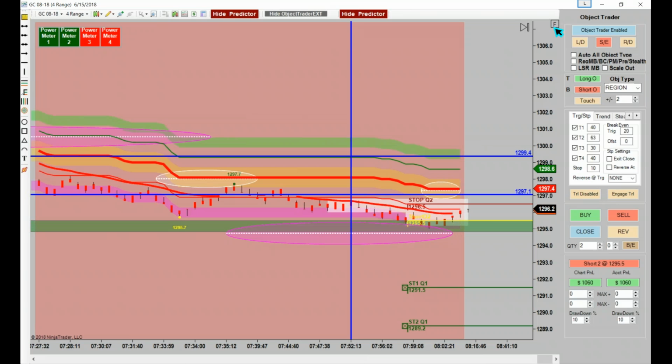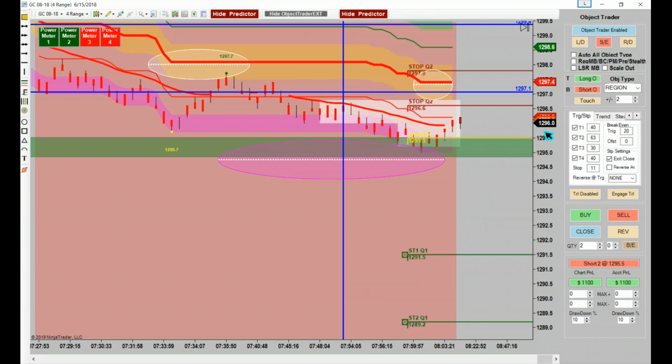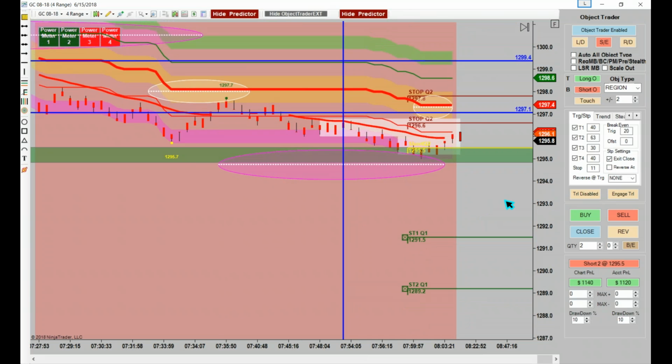Let's see here. I'm going to put second swing back right there, and I'm going to put it on exit on close. The reason for that is because they don't take out secondary swings unless they're really in the mood to take them back up. We'll see. We shall see.